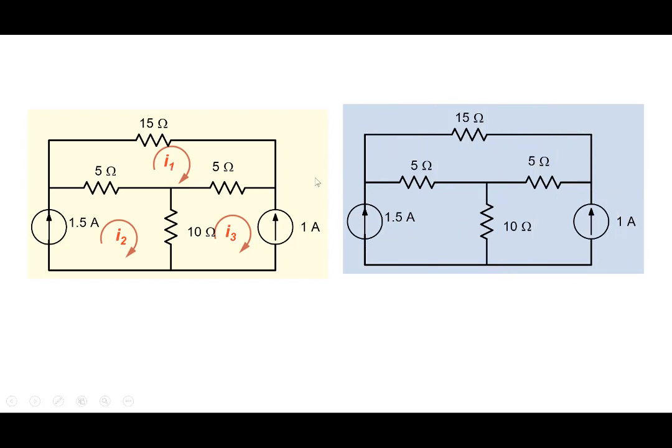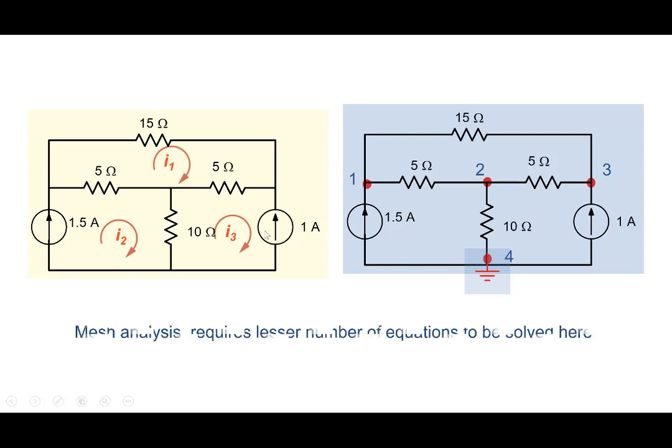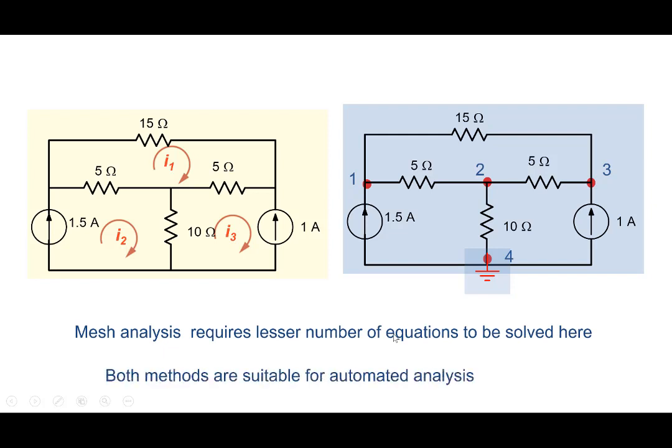If I apply the nodal analysis here, as usual we put the ground here. I don't know what V1 is, I don't know what V2 is, I don't know what V3 is. So we'll have to write KCL at each one of them and solve 3 equations. So it's obvious in this case the mesh works better. In the other case, the nodal was working better, right? So mesh analysis requires a lesser number of equations to be solved here.